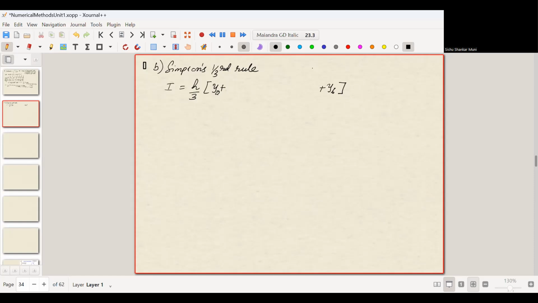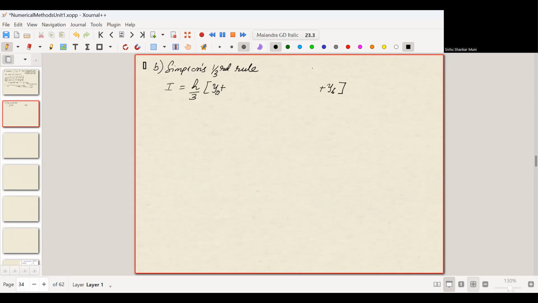See, I always told you in Simpson's 1/3 and 3/8 rule, the first value and the last value are undisturbed. So write them first so that their work is done. Now you have to think about the other points, the middle points. So you already know that some will be multiplied by 4 and some by 2.